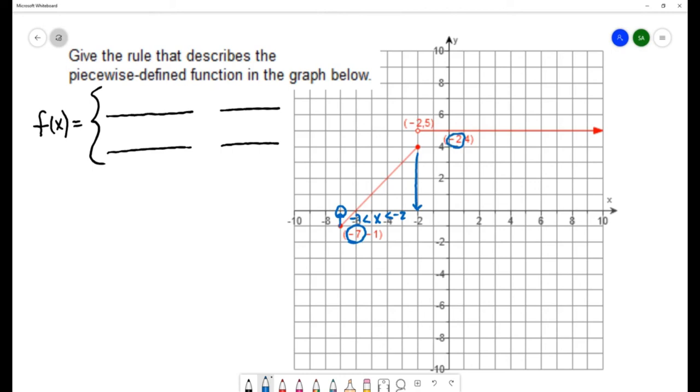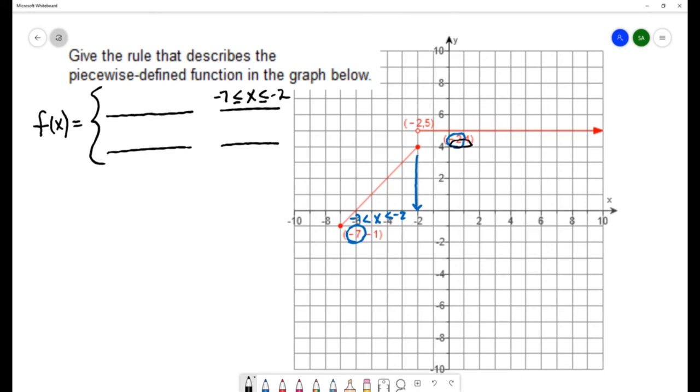So my x condition will be between those x values of -7 and -2. I do want to pay attention to what's happening at the endpoints. I notice that both of them have these filled in circles, so both endpoints are going to be included in that equation. So I need to put equal to's on both of those to make sure that the endpoints are included.